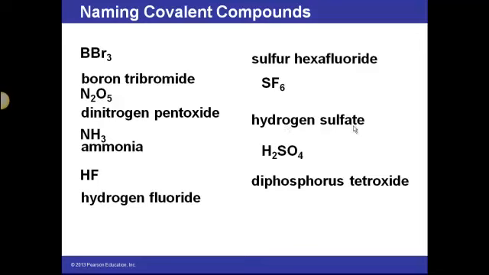Hydrogen sulfate, even though this would be considered a covalent bond, hydrogen's actually acting as the cation in this case, and so it has ionic character when it starts behaving as an acid. So remember, we said recognize your acids by seeing hydrogen in the front position, placed as the cation position in the molecule.